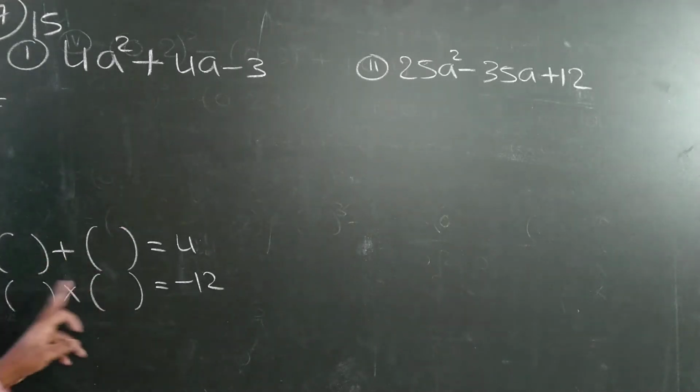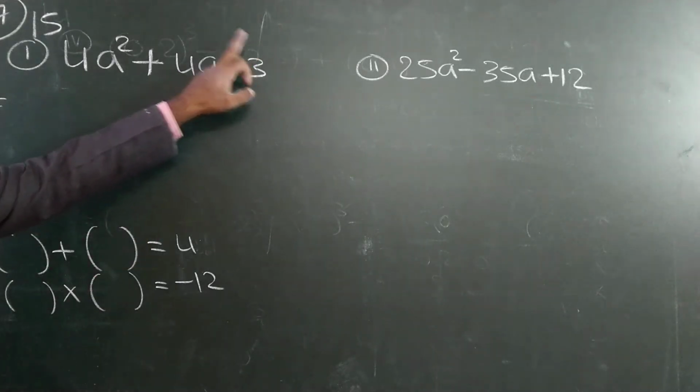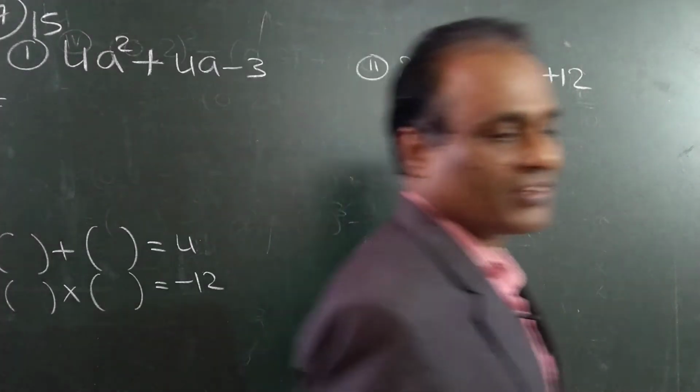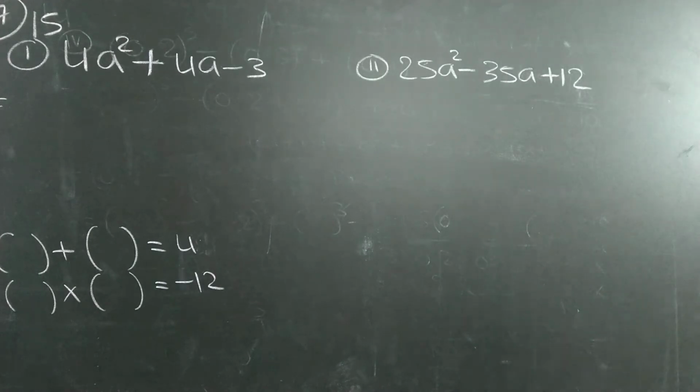If you multiply them, it should be minus 12. Tell the numbers whose sum is 4 and product is minus 12. What are the numbers? 6, minus 2.